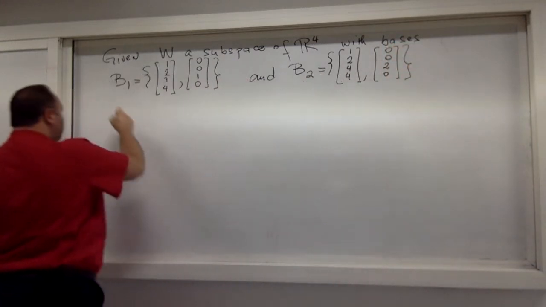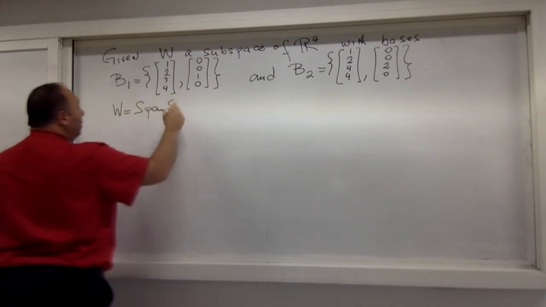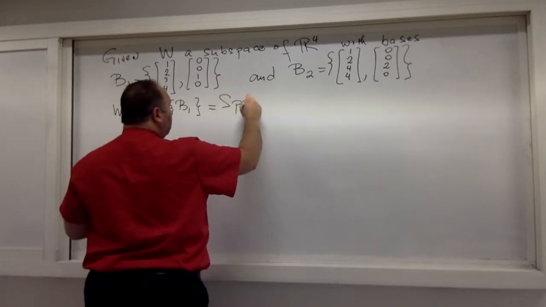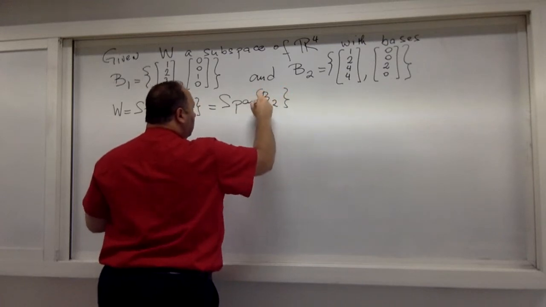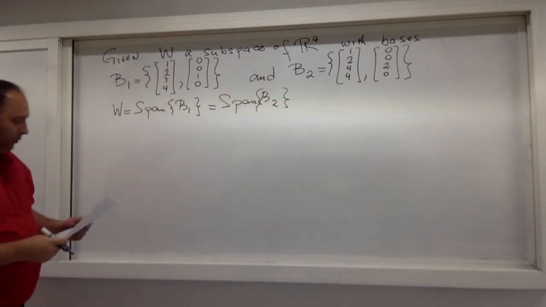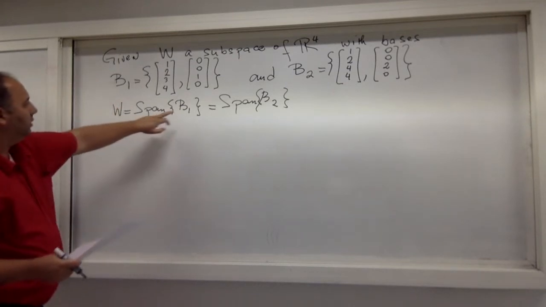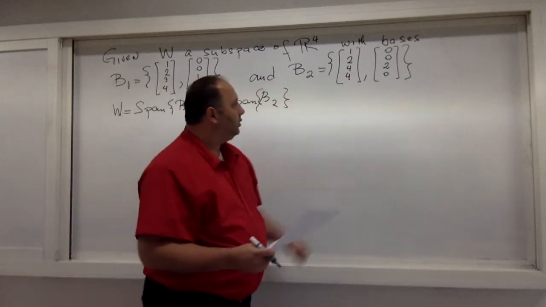So W is the span of B1, which is the same as the span of B2. Okay, cool. So that's my space generated by basis vectors, these and these, so it's the same space.